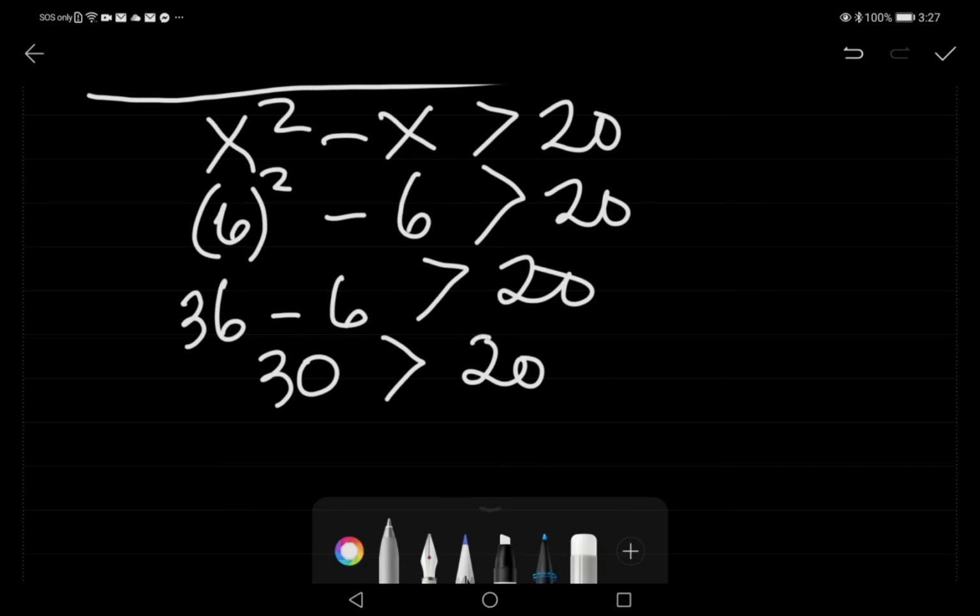So this is correct. So we will write here true. Kaya sakto man siya. Ang 30 mas dako man sa 20. 30 is greater than 20. So this is true.